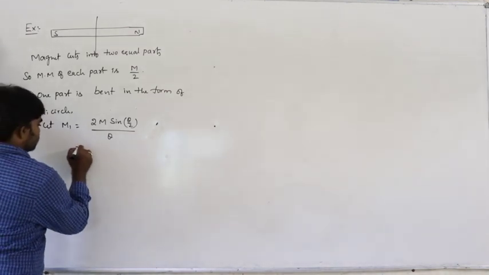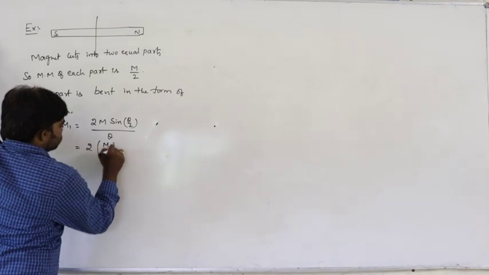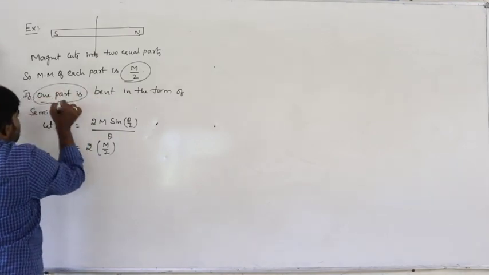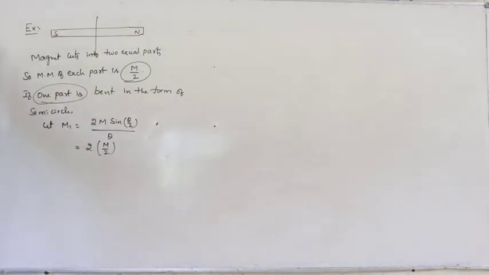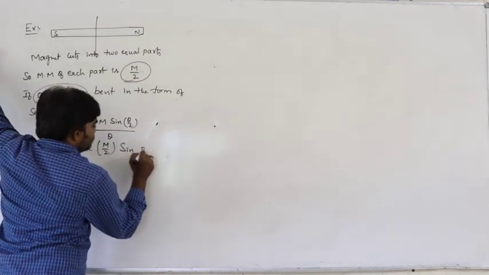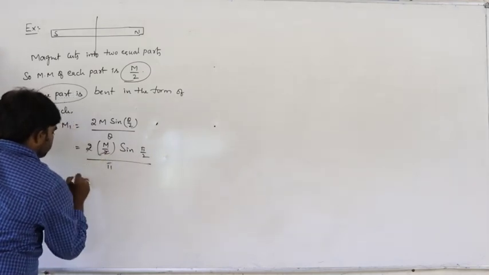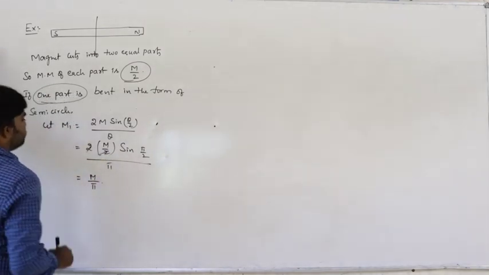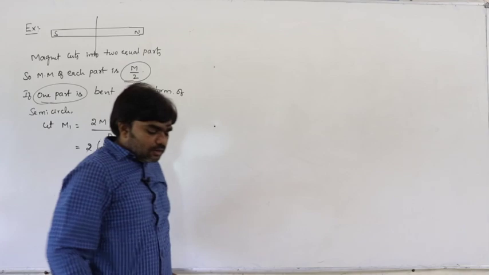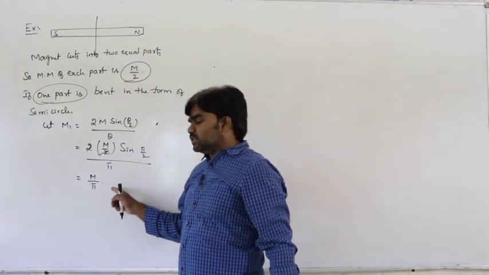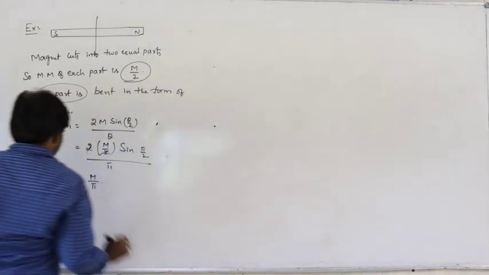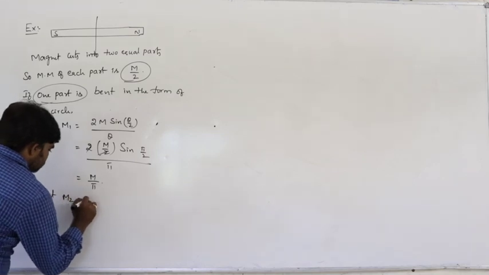Here m is m by 2. So what is the magnetic moment of that part? It is m by 2 into sin pi by 2 divided by pi. So that is m by pi. So the magnetic moment of that bent part is m by pi.